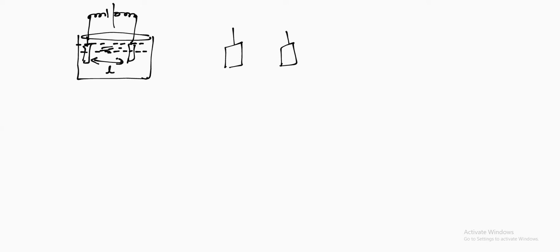The distance between the electrodes is nothing but L, and the area of cross section between the electrodes.